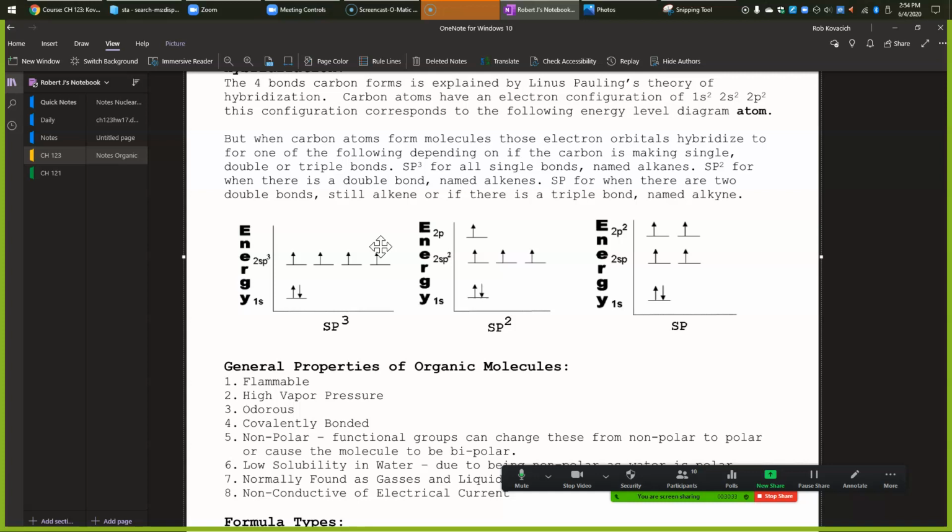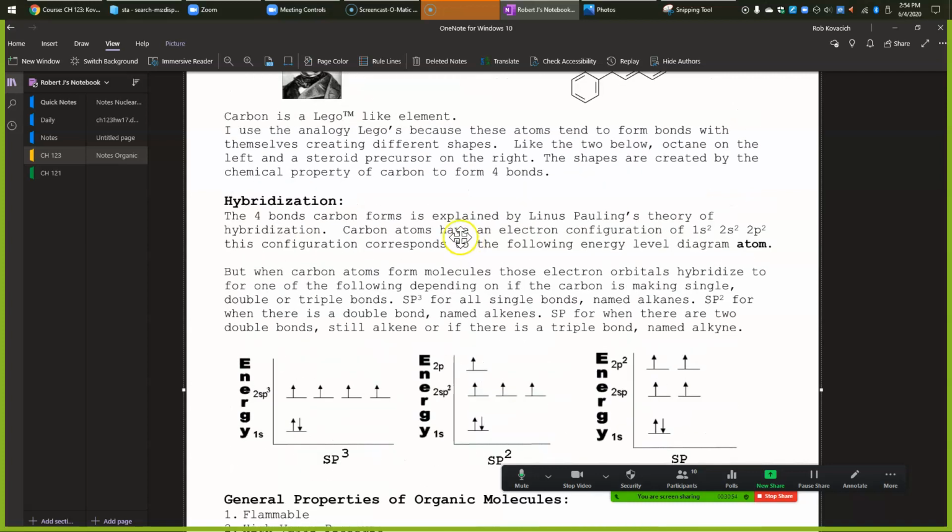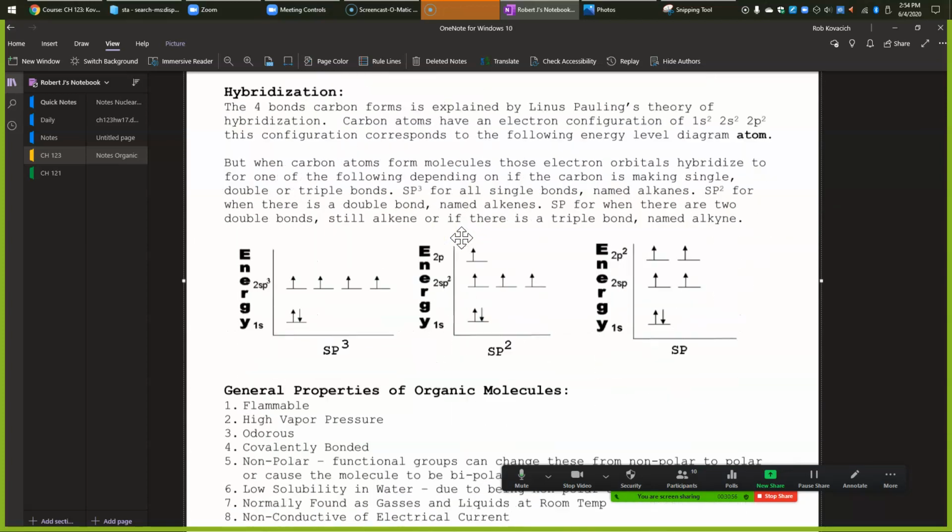If I'm an sp2, then I take one of the p's and remove it, and it's just a regular double teardrop orbital, and then I take an s and 2 p's and add those together, and I get a trigonal planar. And if I make it sp, then it basically looks like 3 separate teardrop-shaped orbitals. So hybridization is why the carbon atom can make 4 bonds.